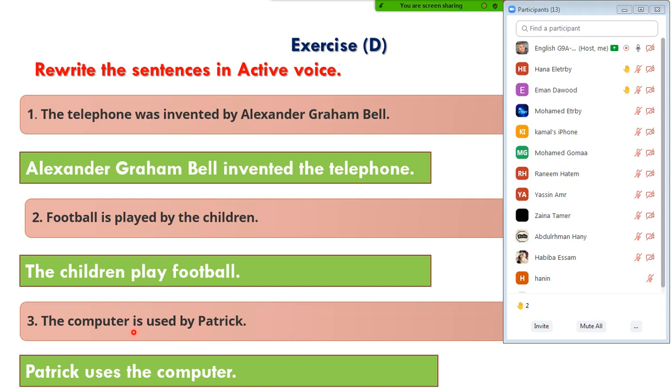Because I have here verb to be in the present, is, followed by the past participle. And why do we add s? Because Patrick here is singular, so we add s, es or ies to the verb in the present simple. You have to take care of this. This is what we call subject-verb agreement. The verb must agree with its subject, whether it is plural or singular, also regarding the tense itself.